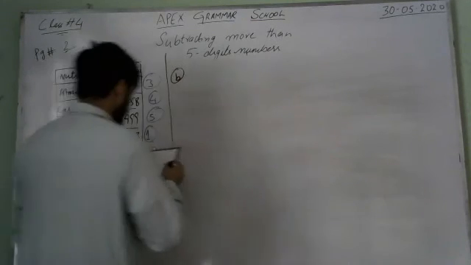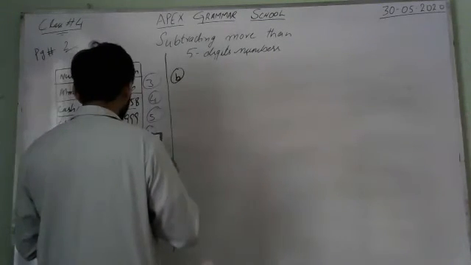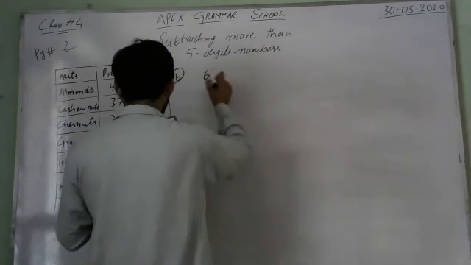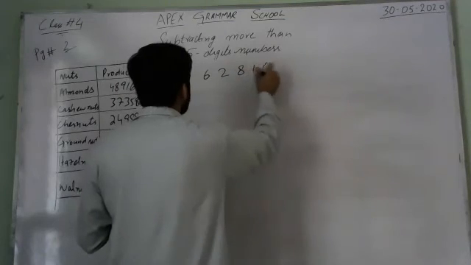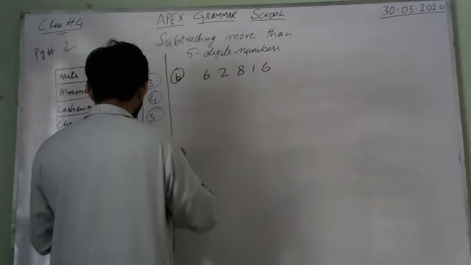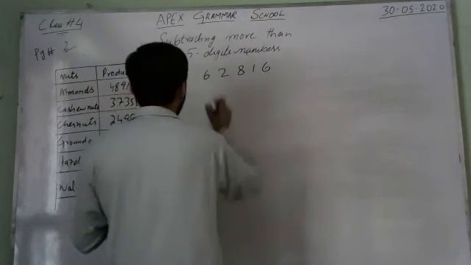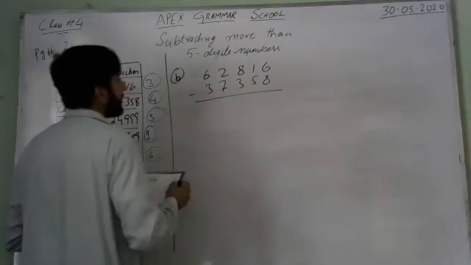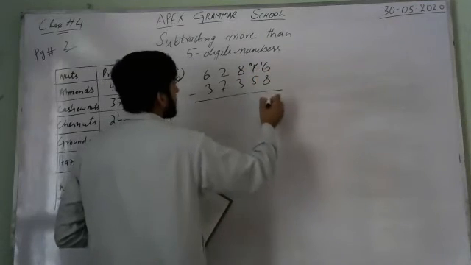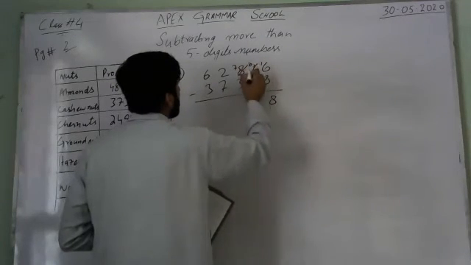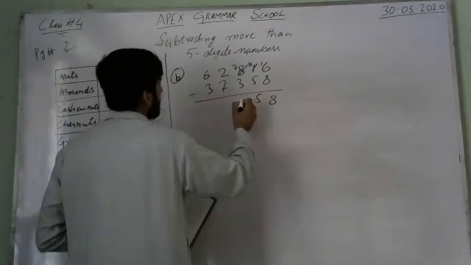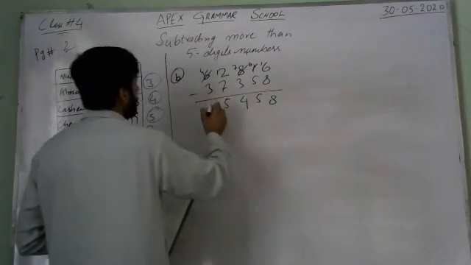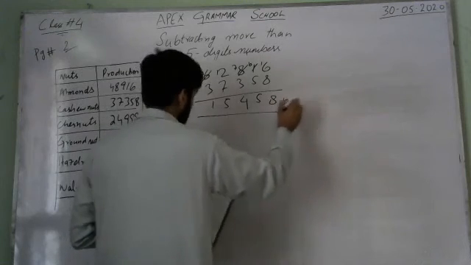Value of walnuts is 62816 and cashew nuts are 37358. 16 minus 8 is 8. 10 minus 5, 5. 7 minus 3, 4. 12 minus 7, 5. And 4 minus 3, 1 kg.